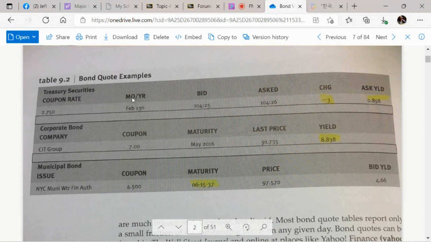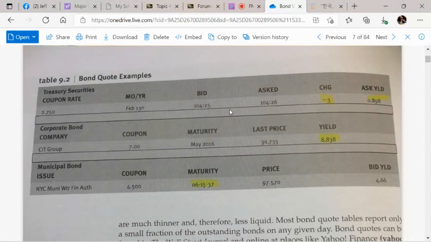And then you might wonder, okay, for Treasury it is February 2013, and what is that N next to the 13? That N means this bond was originally issued as a Treasury note. So think about it.